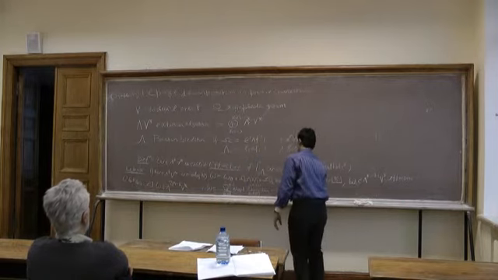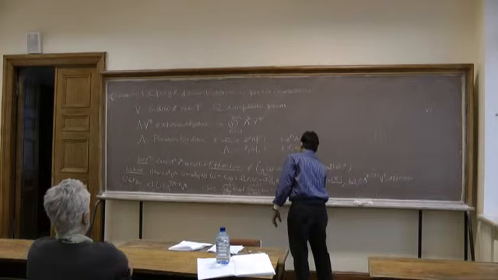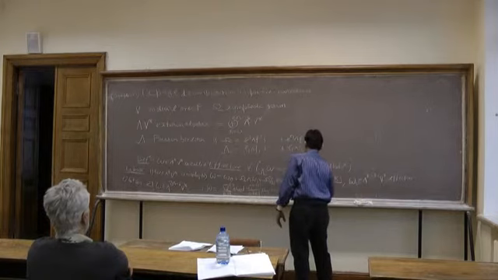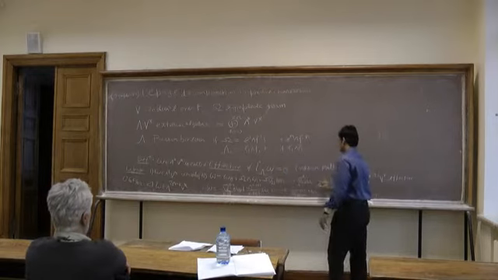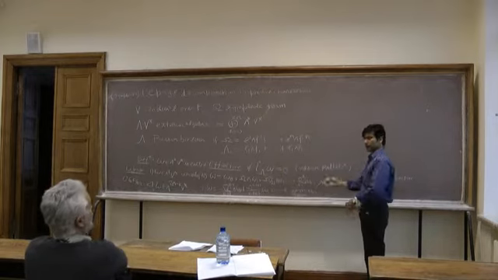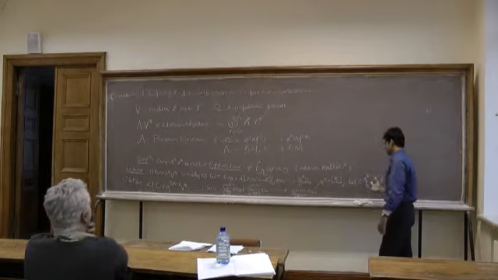It goes all the way up to omega to the n minus k plus r over n minus k plus r factorial times omega. Same omega, the same r.